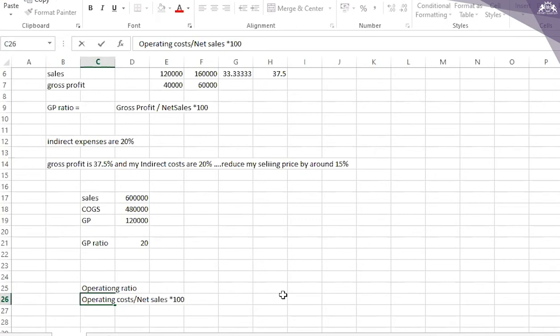So it does not only cover the direct cost. Here it was only covering the direct cost. But here it covers the direct cost and other operating expenses like administration, selling and distribution.